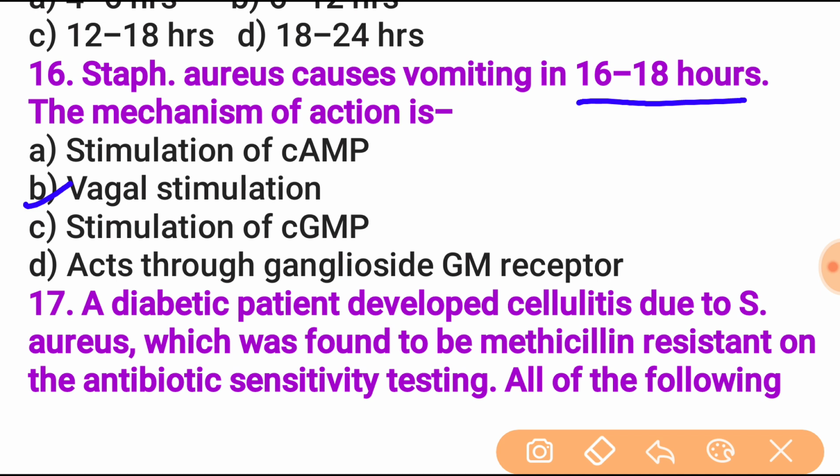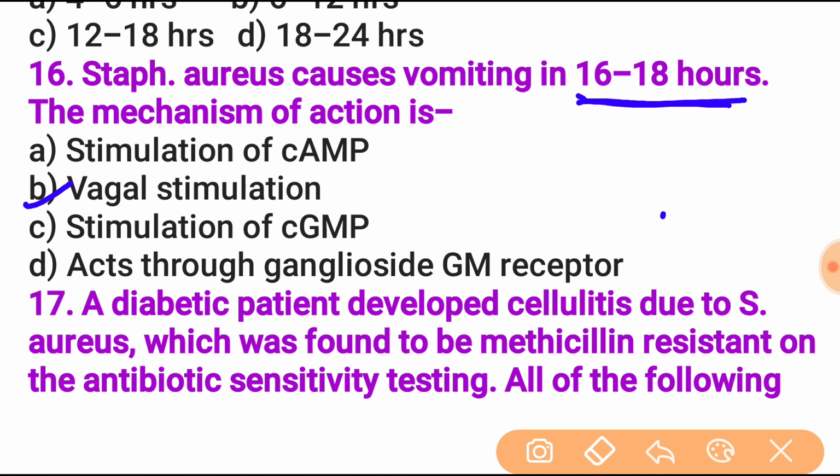The toxin stimulates the vagus nerve and the vomiting center of the brain, acting directly on the autonomic nervous system rather than the GIT mucosa. So vagal stimulation causes the delayed vomiting, while the 1 to 6 hour vomiting is due to GIT mucosa irritation.